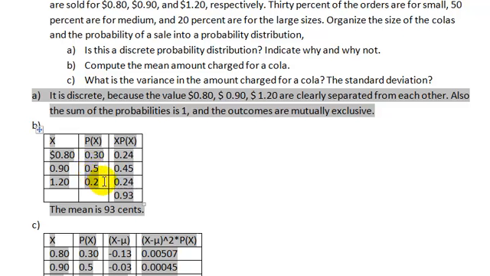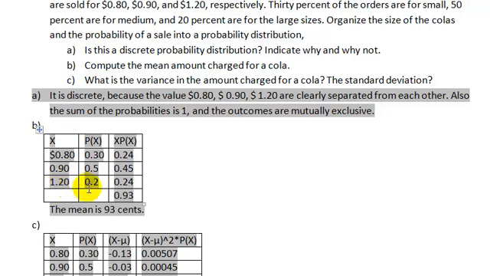So first step, multiply each value by its probability. So x times probability: 80 cents times 0.3, we get 0.24. 0.9 times 0.5, we get 0.45.